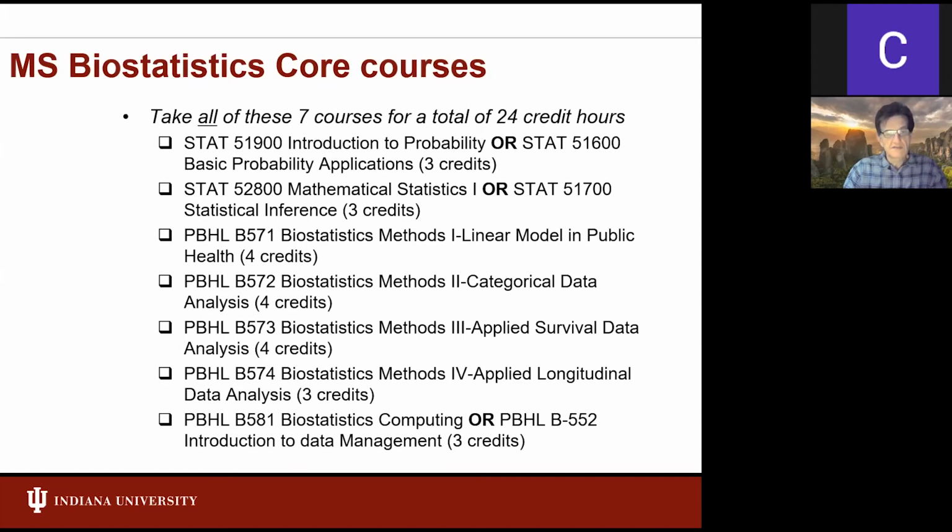So these are 7 courses which you will have to take. When you see a stat code, that is a course that you must take in the math department. So 519 is essentially a calculus-based probability, and all these semesters of math are there in order to allow you to enroll in that course.